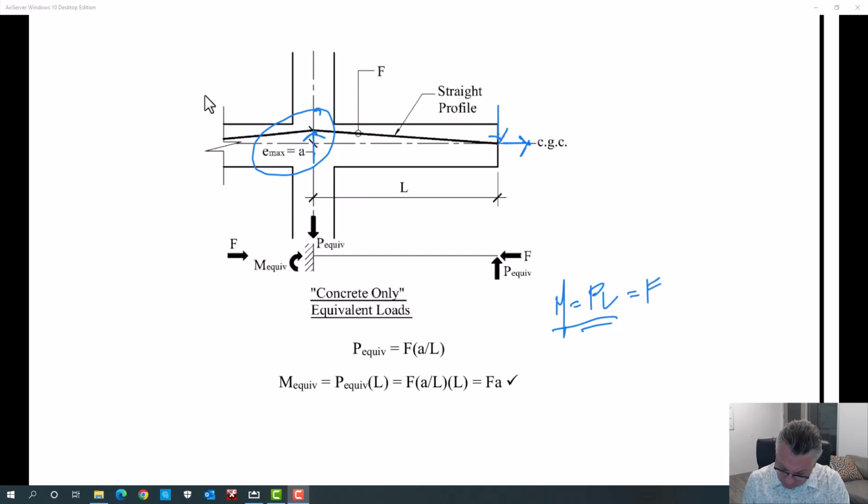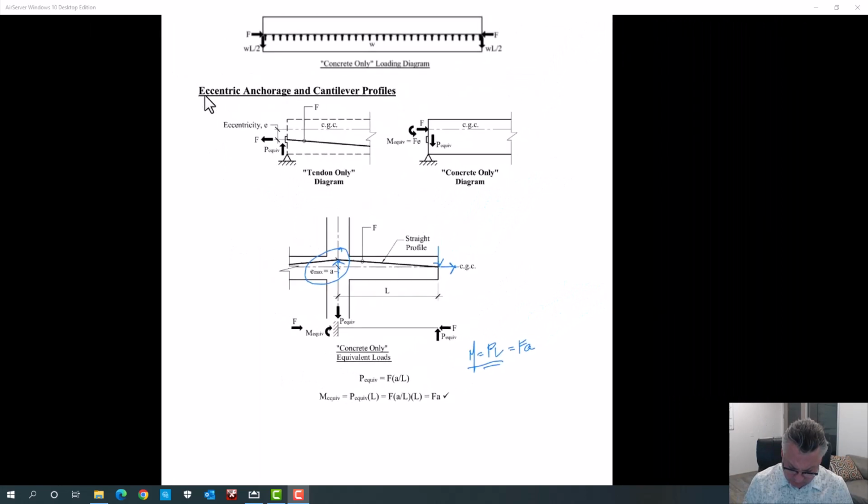It's also equal in this case to F times A. And if I solve for the equivalent load, I get F times A over L. Now if I put that back in, obviously put that P in here times L, I get F times A. So I don't think that is a particularly complex way of looking at cantilevers.